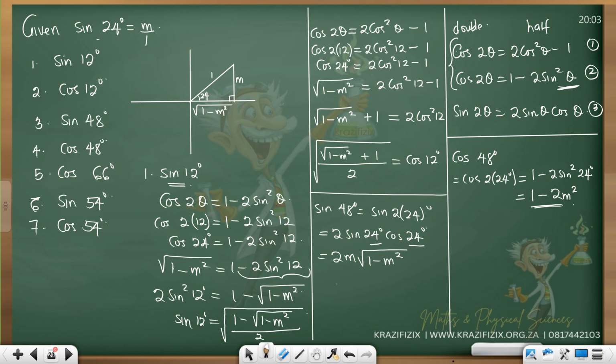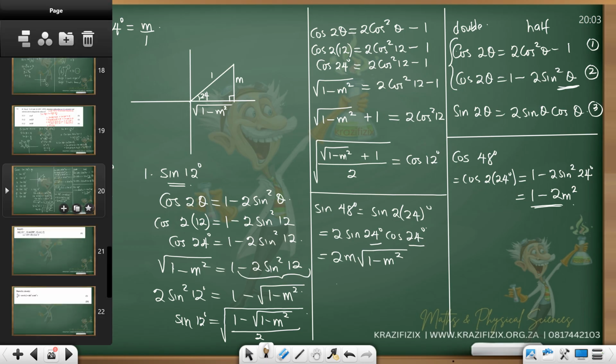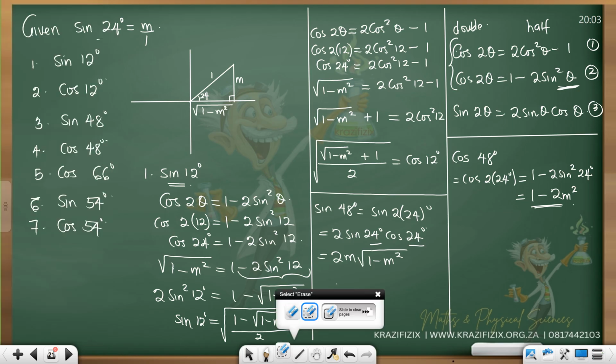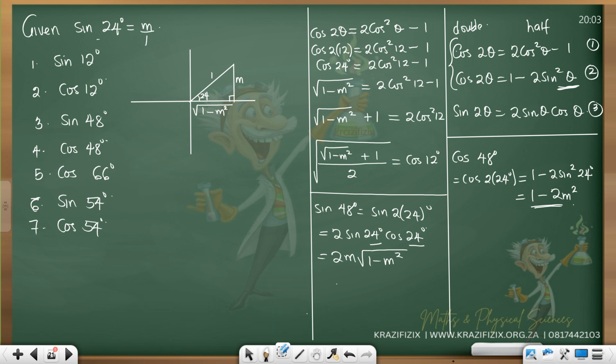Cos 66. Now, that is not double, neither is it half. But quickly, do you notice 66 plus 24? Once you test, it's not double, it's not half. Start playing around. There are 5 possible situations, but I won't be able to go through all the 5.